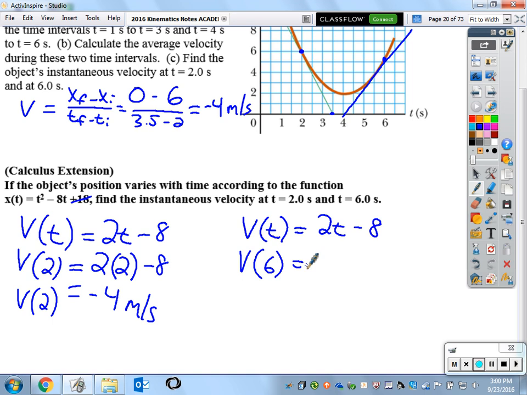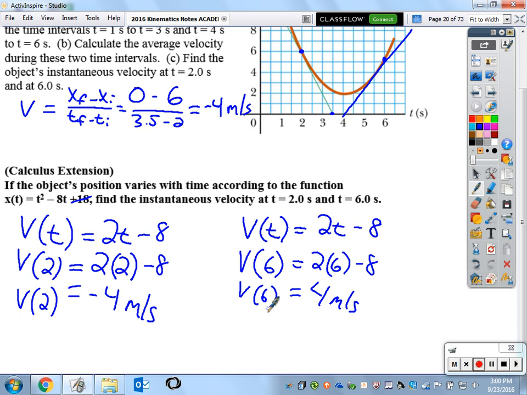Even though we never did actually calculate it based off the tangent line, we can figure out what it should have been. Okay, so 2 times 6 minus 8. 12 minus 8 would give you, okay, that would be 4 meters per second. So if we would have found the slope of that tangent line at that point, we should have got something close to 4. Does everyone see what we did?